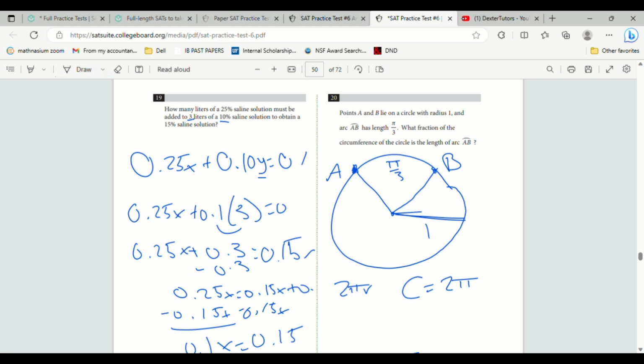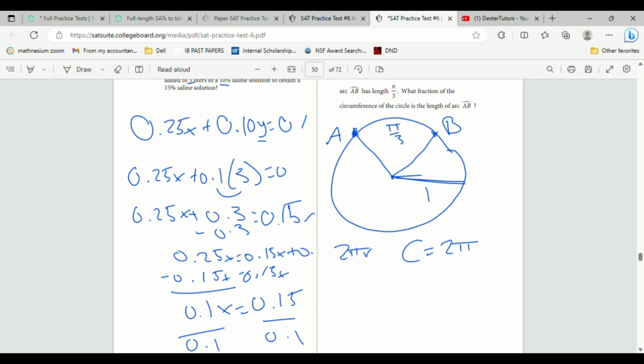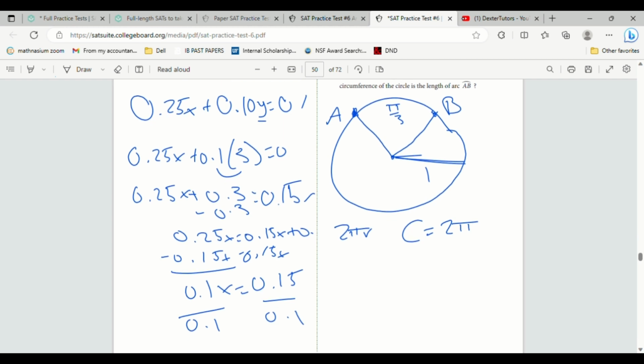And now we need to figure out what fraction of 2 pi is pi over 3 to find the fraction of the circumference of the circle, of that arc. So we can do 2 pi divided by pi over 3.